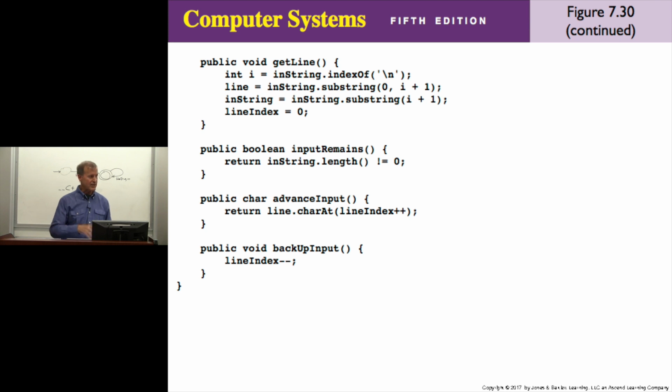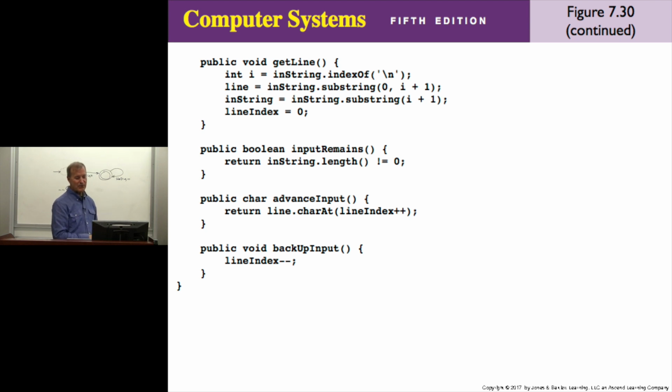In string, so that's the whole many lines, dot index of what? New line. So what that does is it starts at the beginning of that multi-line thing, and indexOf is a Java method for Java strings, and it finds the position of the first new line character, which is going to be the end of the first line of that multi-line. Is everybody clear?